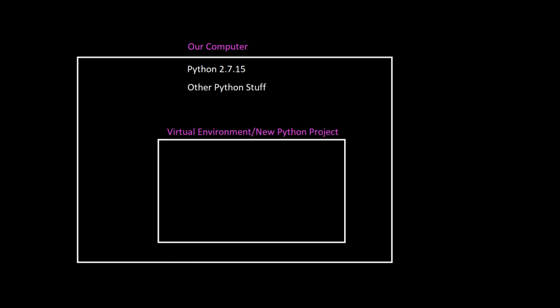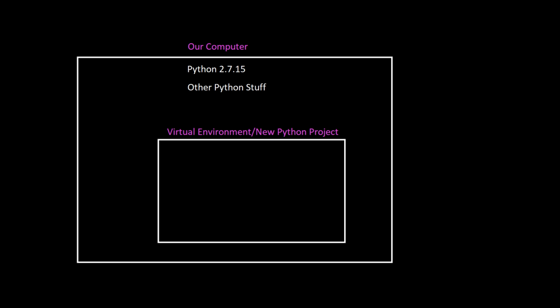So go ahead and take your computer, for example, right? And in our computer, we've downloaded Python 2.7.15 and some other Python stuff, right? Well, when we create a new Python project, we're going to want to create a new environment for this project.